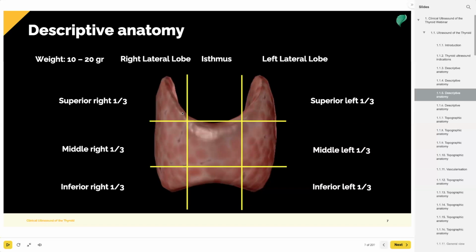Communication is very important in any field of healthcare. When it comes to the thyroid, it's very important to be very specific where nodules are located, how they're growing, and things like that. So we will get more into that. So you can see here the thyroid is divided into thirds. We have right and left, upper, middle, and lower thirds.